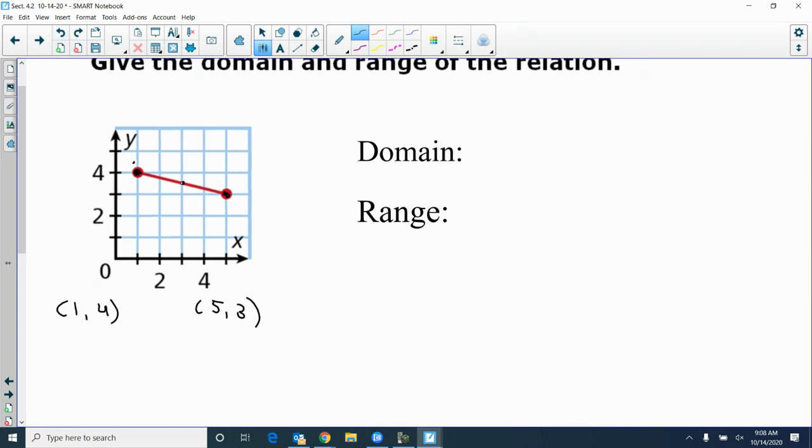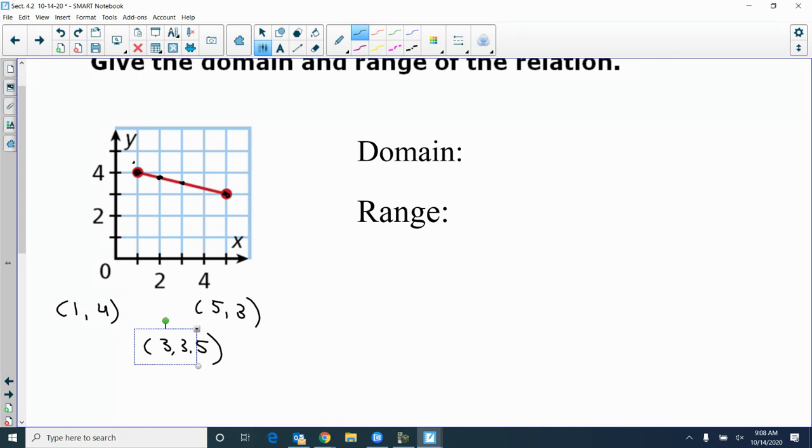What about right here? Is that a point on the line? Yeah. So what would be that ordered pair? It would be 3 and say 3.5. So that means 3 has to be in the domain. Is this a point on the line?